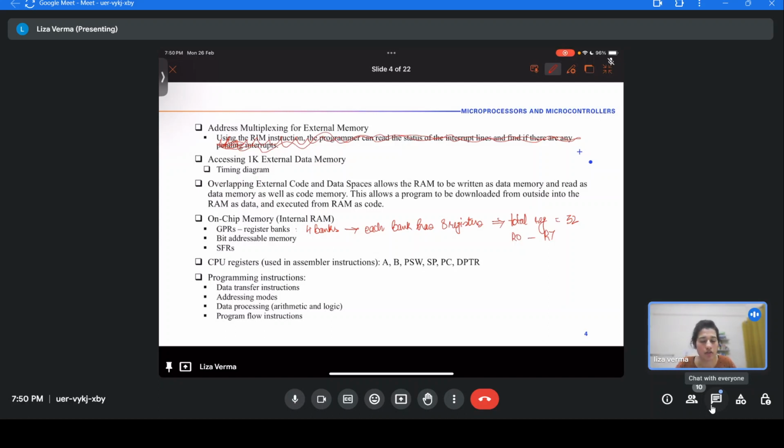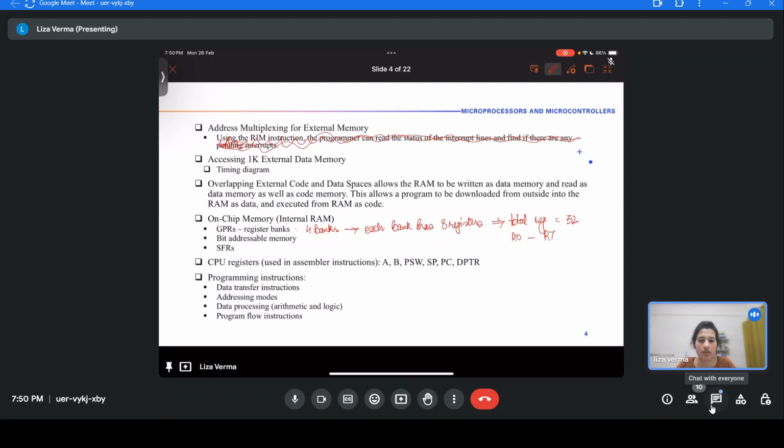But how many instructions would you need? 32. Is it feasible? You don't have to access all 32 registers at a time, practically. In any case, you'll use two registers, the accumulator or a register, right?